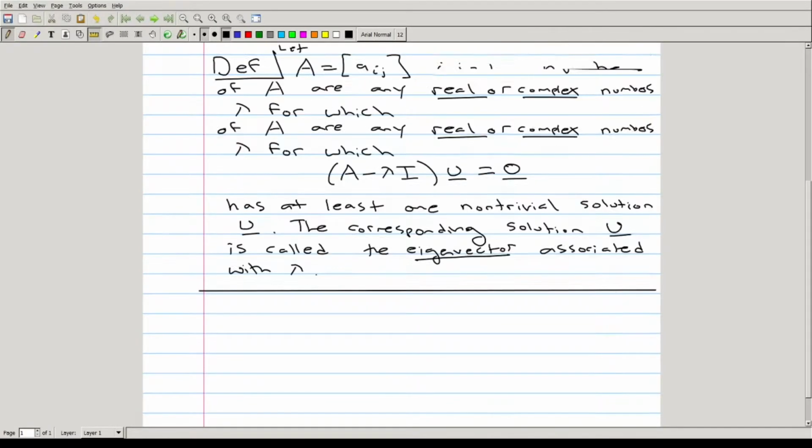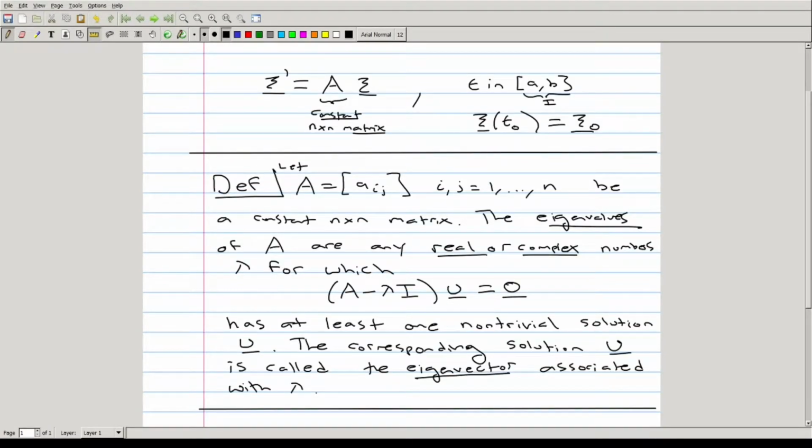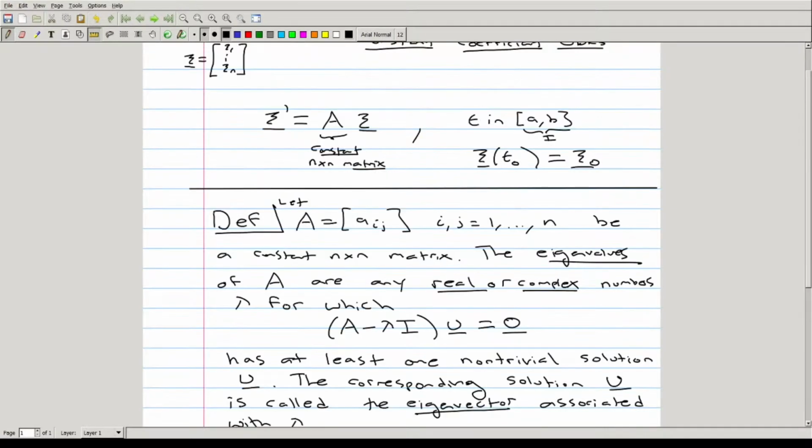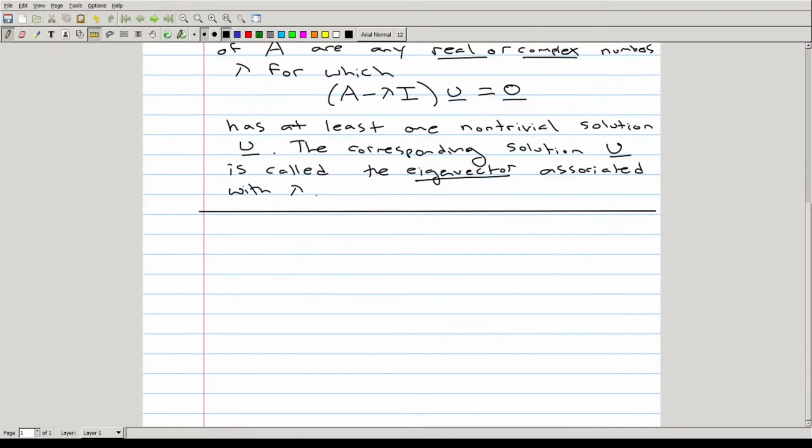And you could ask, why are the eigenvectors and eigenvalues of A, which you hopefully have a decent amount of practice computing from your linear algebra class, important to solving this constant coefficient linear system?